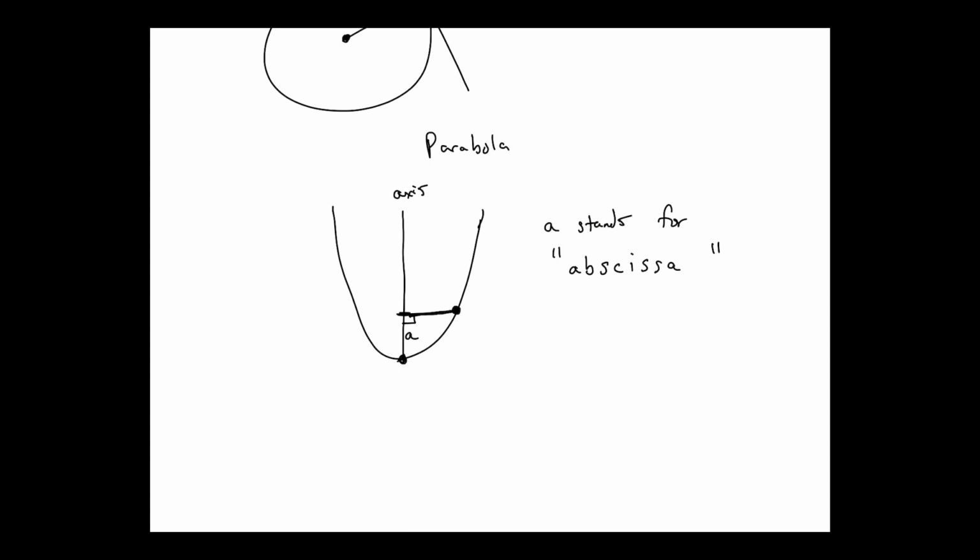You cut them with scissors, right? So it's the piece of the axis that got cut off. Make sense? And while we're on the subject, what's this segment called? That one's called the ordinate.